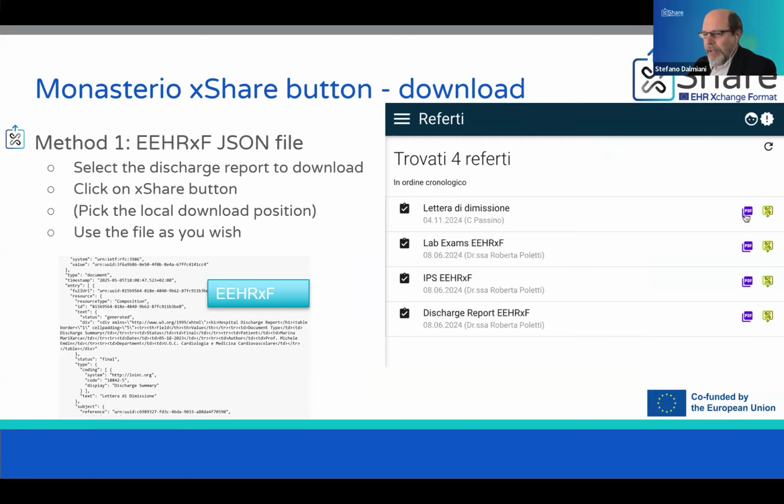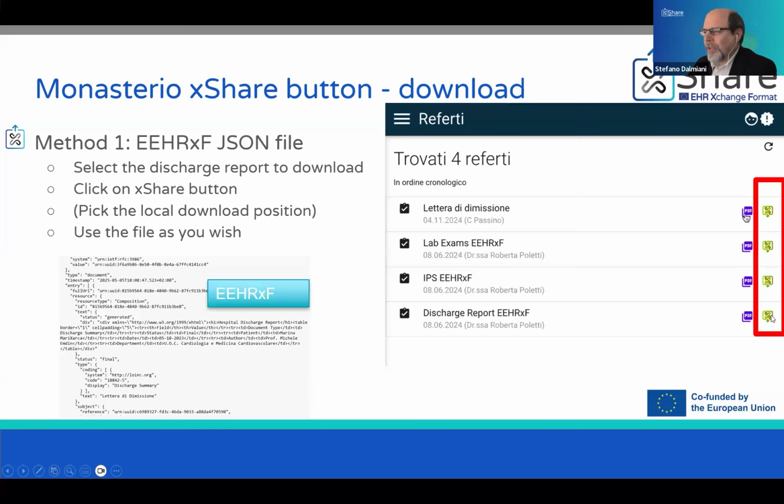We have something that can be easily accessed by the patients, because we have a portal and an app. The patient can prefer sometimes to use the PC instead of a smartphone, or the smartphone directly, because it's much more comfortable to bring data around. You can find on the right-hand side of this slide the discharge summary, laboratory report, and patient summary, and each report has the share button on its side.